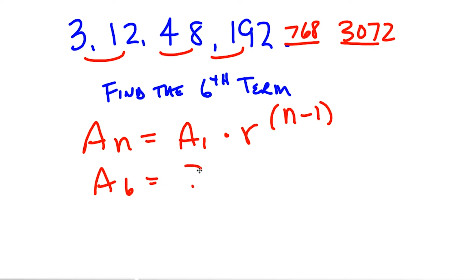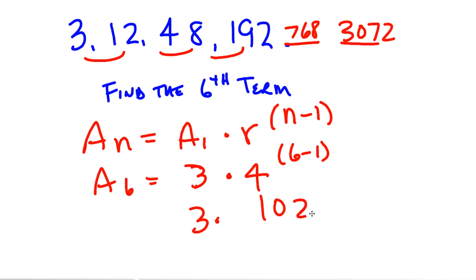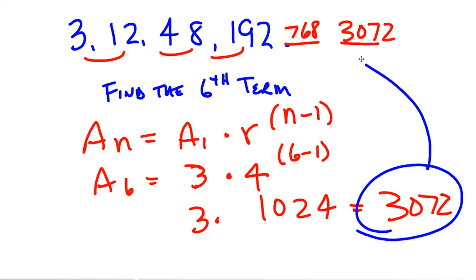We start with 3. We multiply by 4 raised to the 6 minus 1. That gives me 4 to the 5, which is 3 times 1024, or 3072. We found the 6th term in our sequence by using the formula and using our calculator. That's lesson 106, sequences.